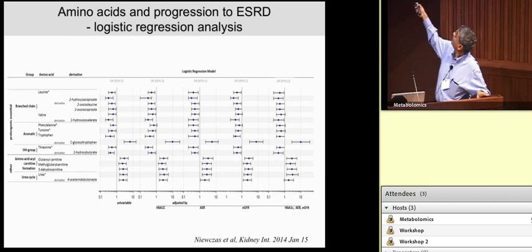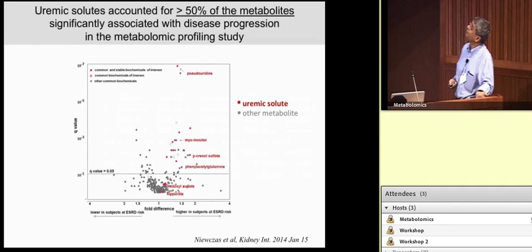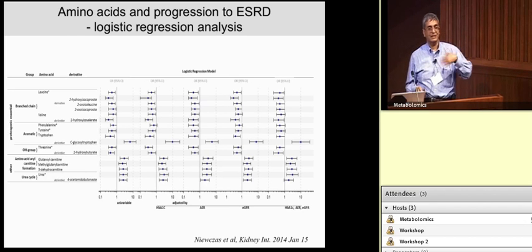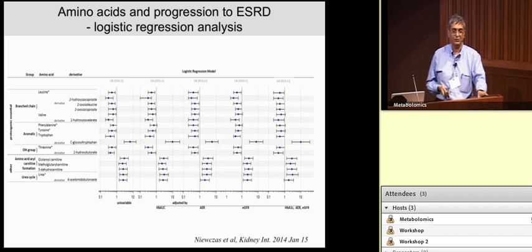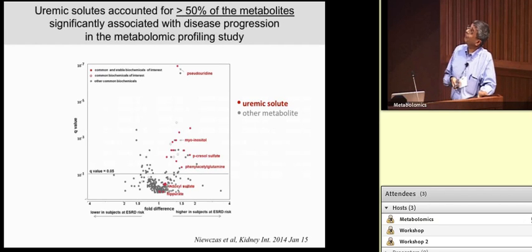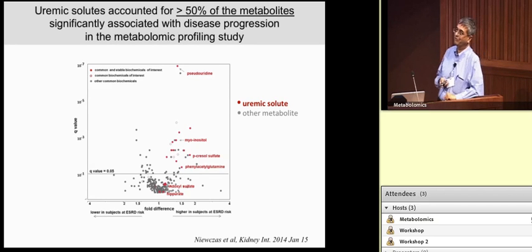And do all three combined here. And what you find is that this particular group of metabolites, which is the amino acid metabolites, actually holds even after you adjust for all of these variables, suggesting that these are true biomarkers that you could use potentially in clinical practice. And this is another group of metabolites called uremic solutes. As we talked about, these were the things that actually accumulate with decreasing renal function.